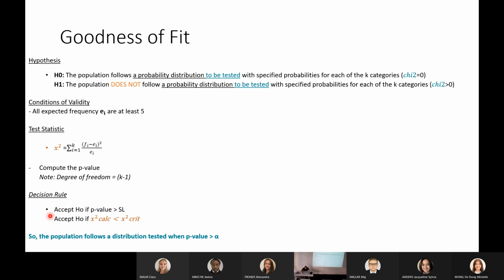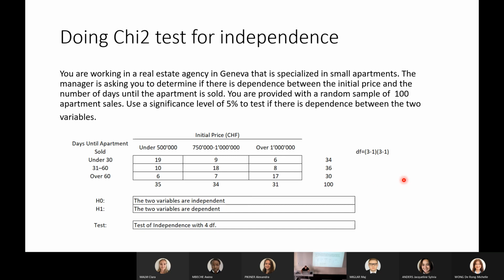You accept H1 when the p-value is lower than the significance level, or when xcalc is higher than xcrit. Why is that so? That's what I prefer to explain on the example. So this is the chi-square test for independence. That's the one that you have to know to run it and to explain it. First of all, we have the actual data.